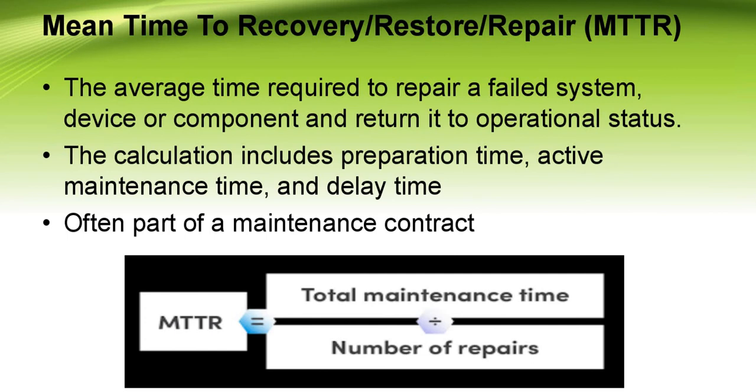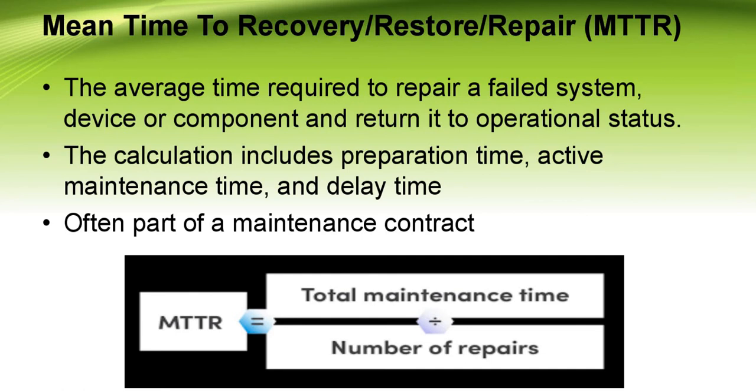Understanding these components is a big part of the overall business impact analysis. The mean time to recovery or mean time to repair is the MTTR. In short, MTTR is the average time required to fix a failed component or device and return it to production status. So MTTR is corrective maintenance.